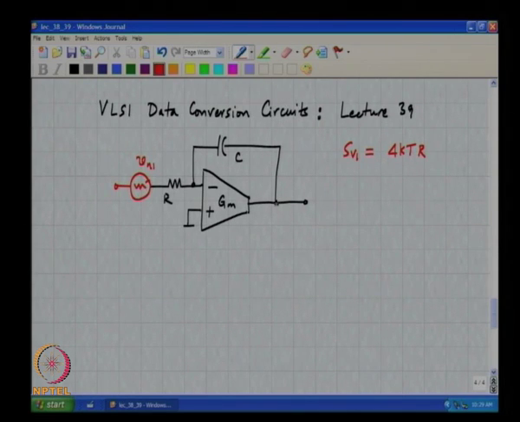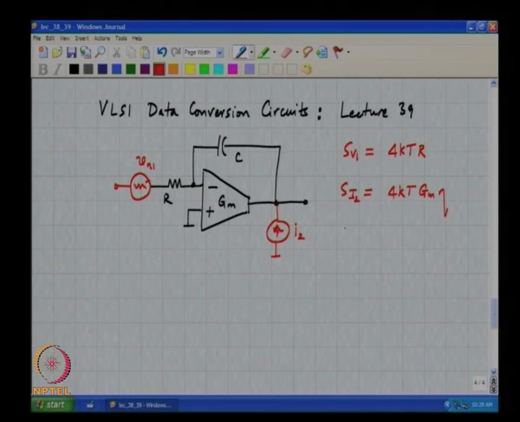The transconductor, on the other hand, can be thought of as a noise current being injected at its output, and the spectral density of this current, S_I squared, is given by 4kT times Gm times some factor eta, which is called the excess noise factor.